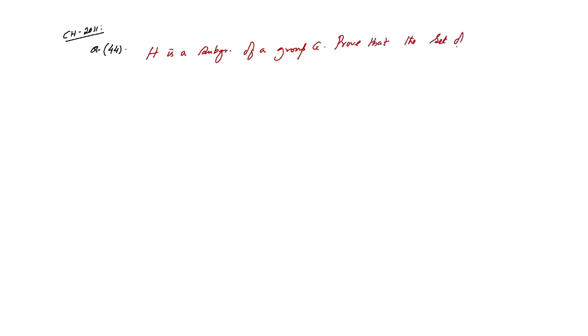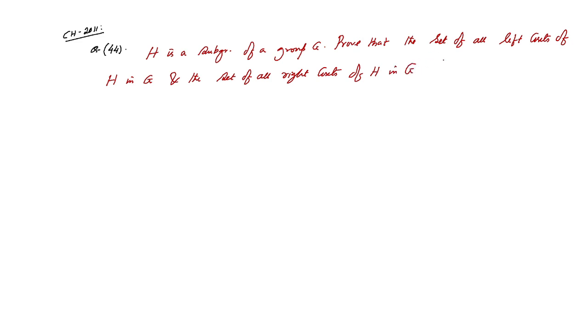the set of all left cosets of H in G and the set of all right cosets of H in G have the same cardinality.